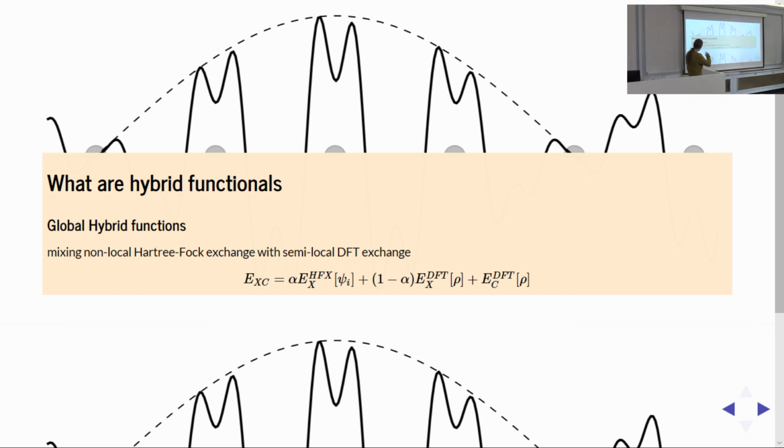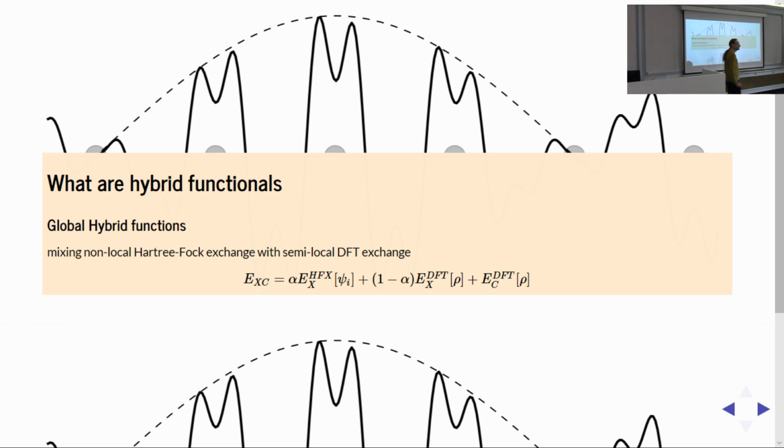So what are hybrid functionals? Well, if we write down the energy of the system, and concentrate just on the exchange correlation part, there's an underscore C, a correlation part that comes just from our conventional DFT functional. And you can see in the brackets it only depends on rho, the electron density.